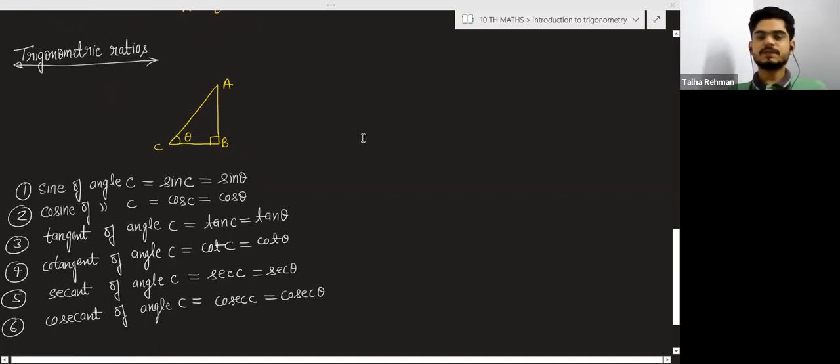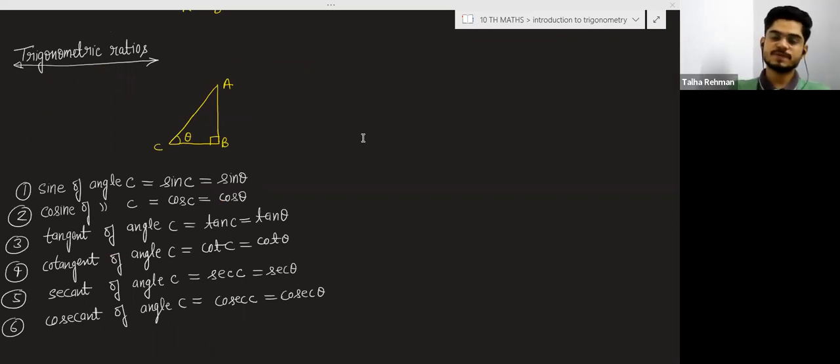So we have 6 trigonometric ratios: sine, cosine, tangent, cotangent, secant, cosecant. In short, we write sine, cos, tan, cot, sec, cosec, and we always write these trigonometric ratios with some angle of a triangle.